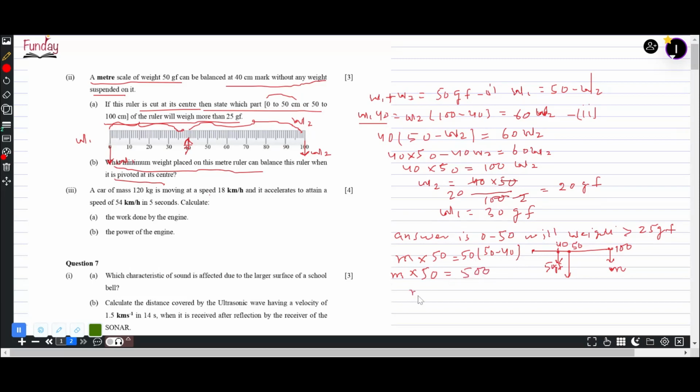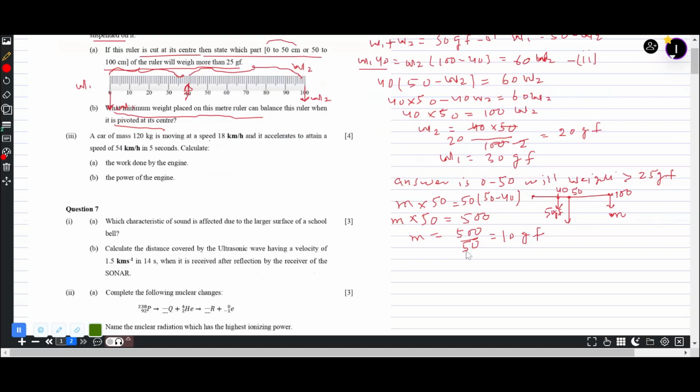So M is equal to 500 over 50, which is 10 GF. What is the hurry? What is more important is to understand the question, right? So that is the answer for what weight should be placed on this meter ruler so that the meter is now pivoted at its center. So now if we put 10 gram force here, we can pivot it at the center.